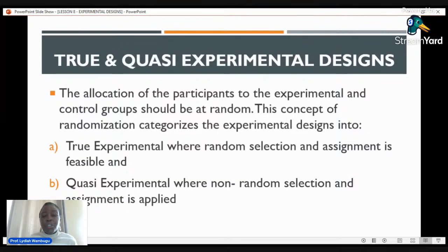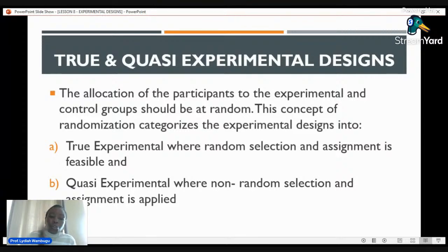What is the difference between true and quasi-experimental design? What is the difference between the two? The difference is randomization. We have said that the selection of the participants, the assignment of the participants to either experimental or control group should be random.